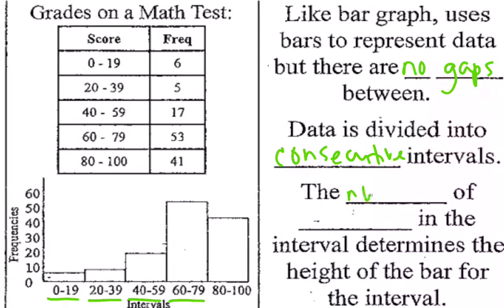And the number of elements in the interval determines how high it is. So for instance, this bar here looks like it's about 50 or 55 high. So that means that, and look at my table, 53 people. We're in the 60 to 79 group, not so hot.